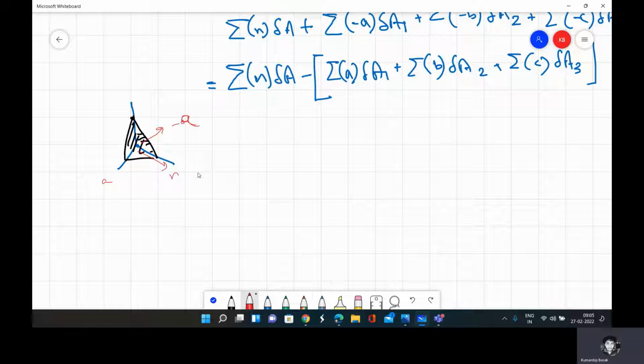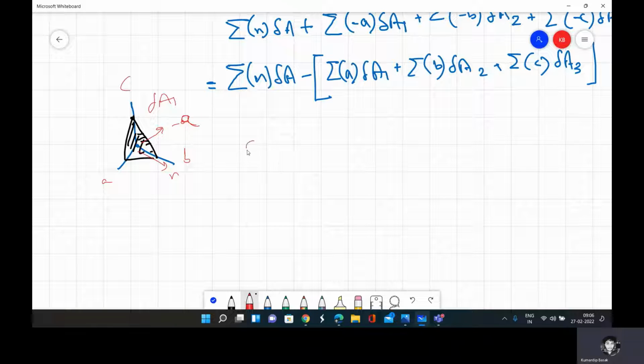This area is the area acting for the unit normal minus A. So this is simply the projection of the above triangular surface of this tetrahedron, intersecting at the three axes. The projection of that surface into, let's say, the BOC plane is the surface element we are interested in as delta A1.